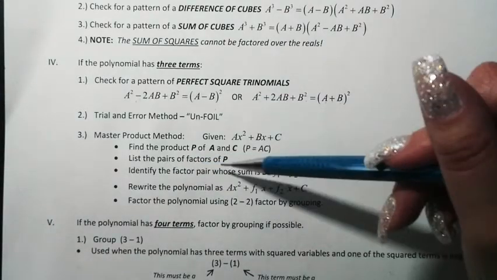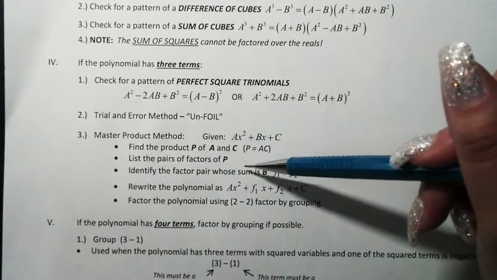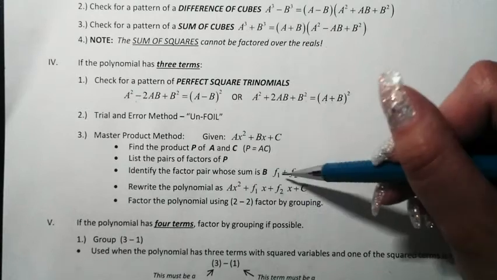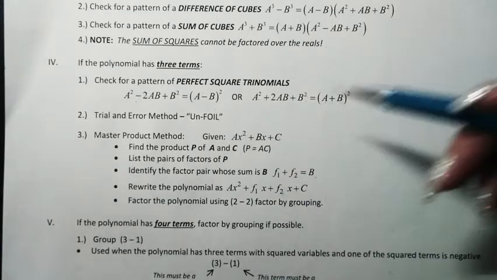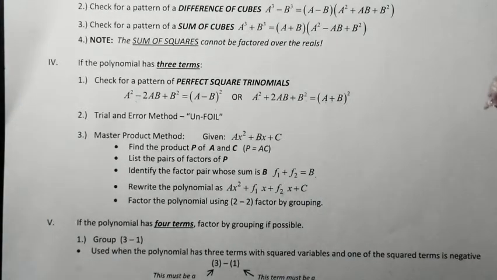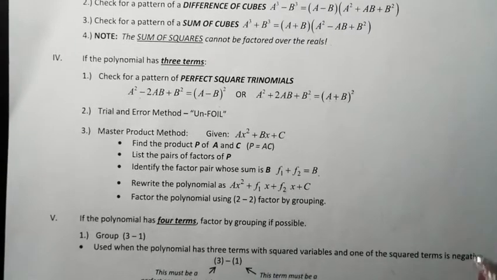You need to identify the factors whose sum is going to be equal to b. And then you need to rewrite the polynomial as ax squared plus f1x plus f2x plus c. And then you need to use factor by grouping, and ideally that's going to be it for that case.